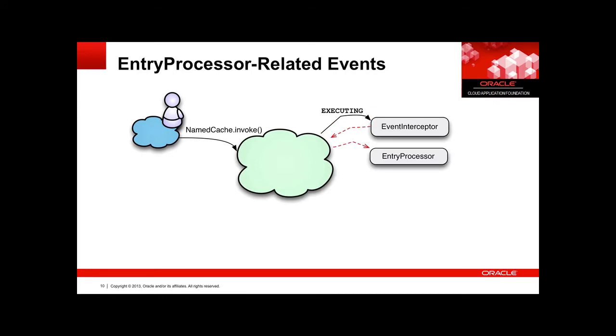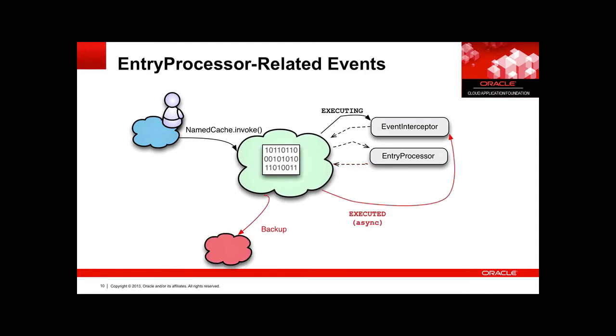And once it's responded, we then invoke the entry processor, invoking process all with the same entry set that we delivered to the event interceptor. If the entry processor modified the binary value, then we insert the binary value into the backing map, and we dispatch the executed event and the backup, which eventually comes back to the client.